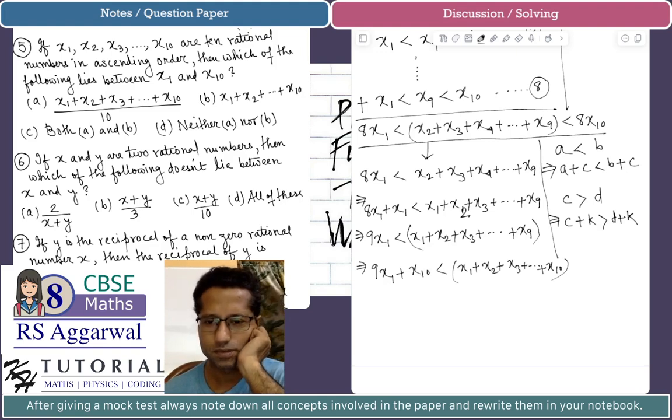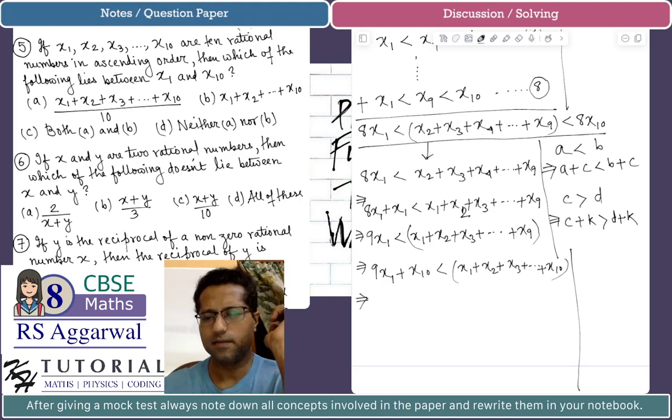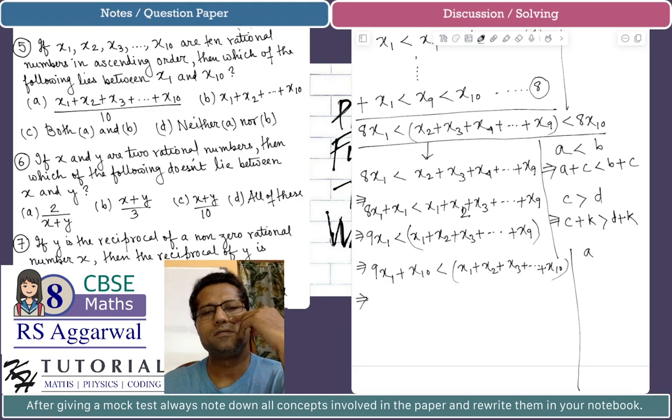Now, also notice that if you have any inequality, less than or greater than, this could be an equality.